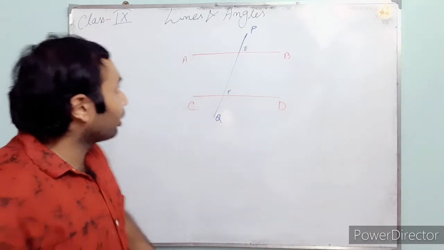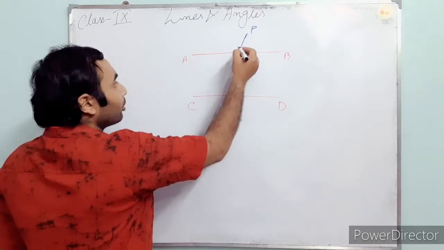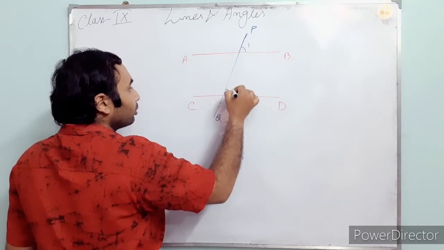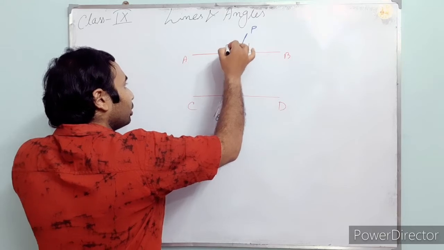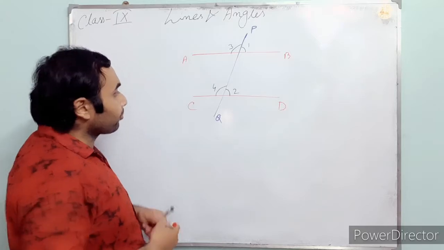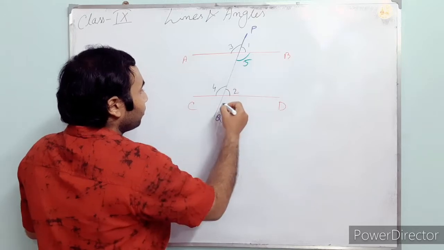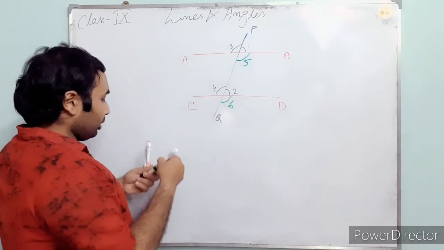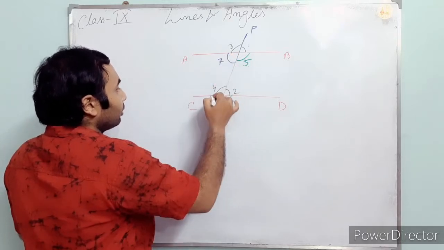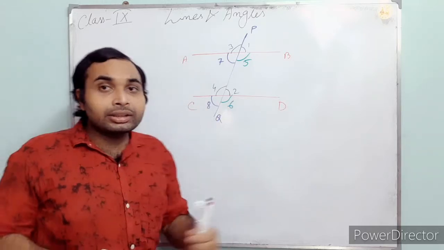So first, if I want to give some numbers here, otherwise I can't write: 1, 2, 3, 4, 5, 6 and 7. More or less 8 angles are there.